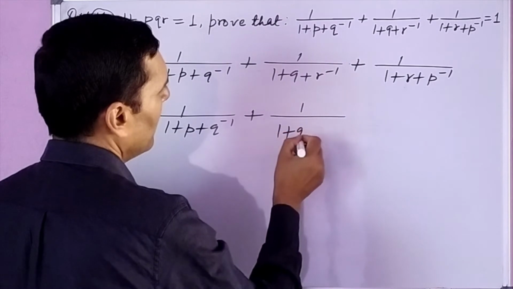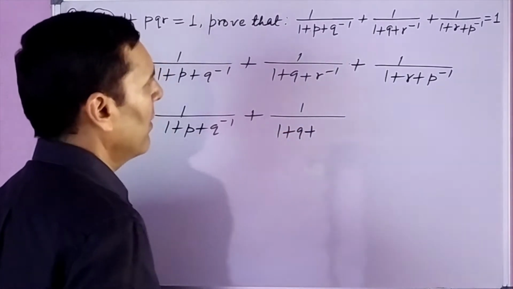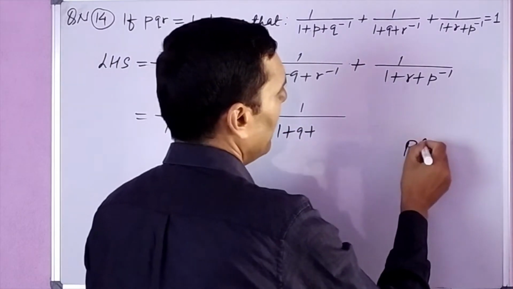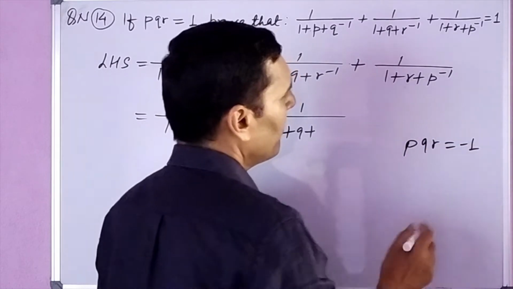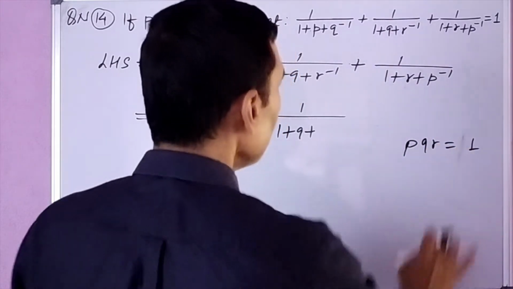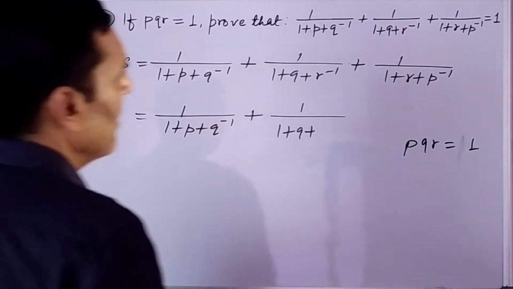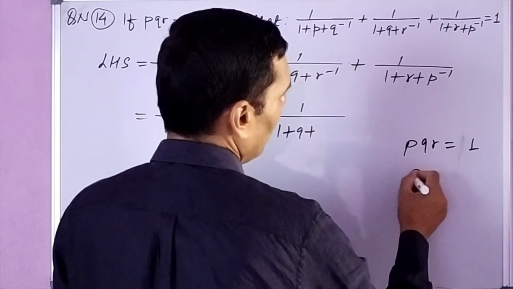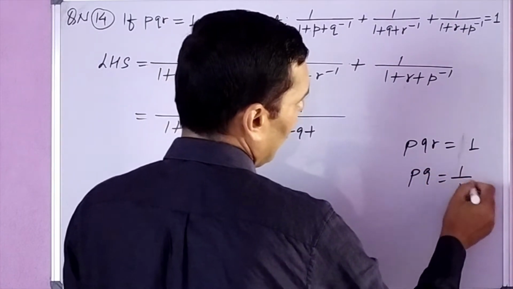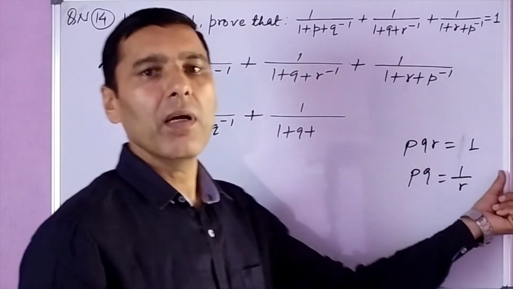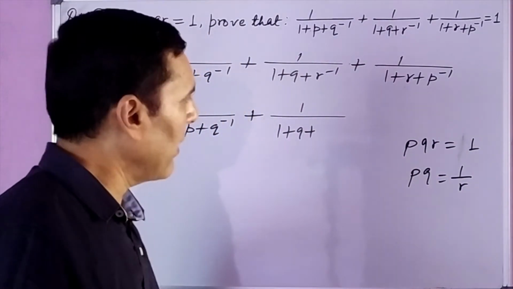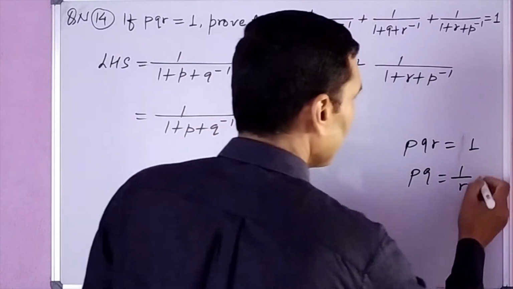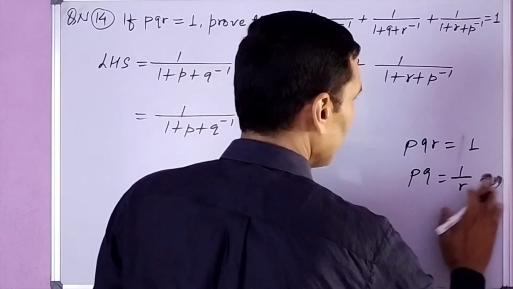1 plus Q plus, we are given that PQR is equal to 1. P into Q into R is equal to 1. So PQ is equal to 1 upon R. If this R is brought to the left side, it goes to divide, 1 upon R, and it is R to the power minus 1.